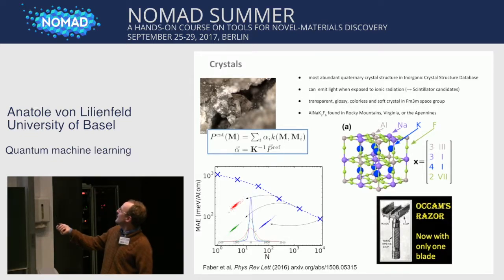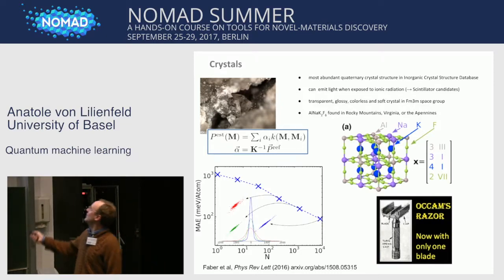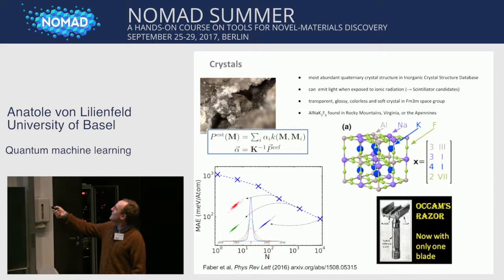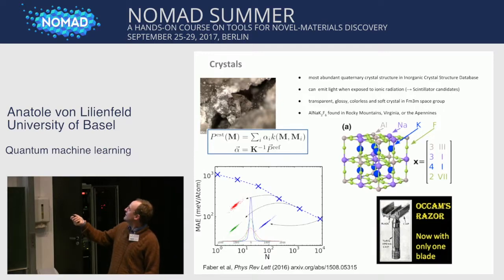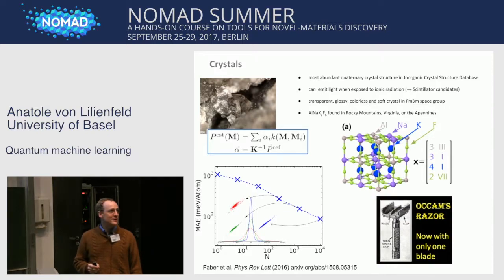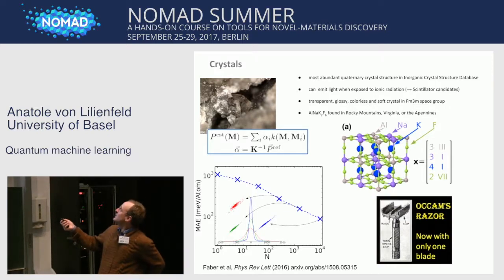This was a paper where we sort of tried to push this principle to its limit. We took the elpasolite crystals, also mentioned by Gantian, and they live on this cubic lattice. They're quaternary. It's the most frequent crystal in the inorganic crystal structure database.